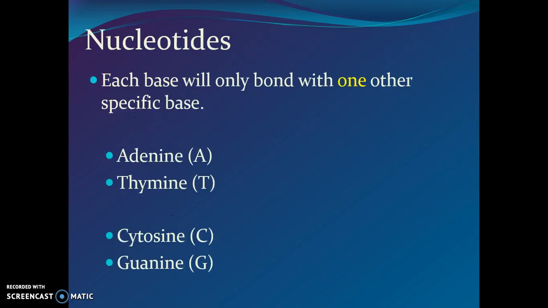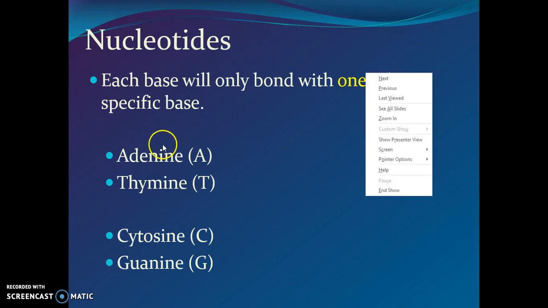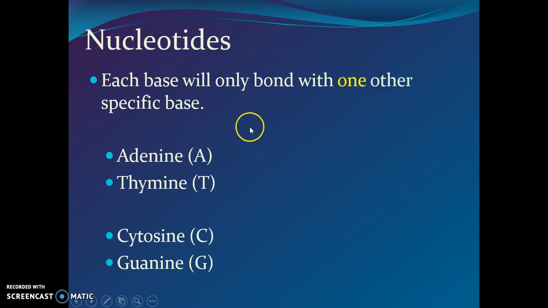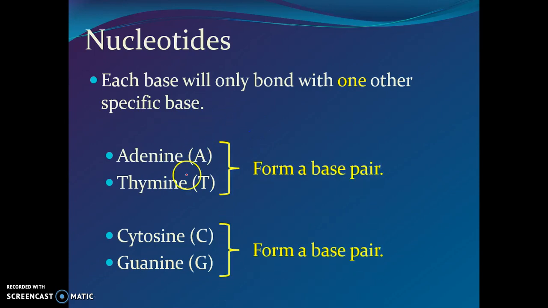But there is a rule that each base will only bond with one specific base. Adenine goes with thymine and cytosine pairs with guanine. So they form a base pair: adenine is always going to pair with thymine and cytosine is always going to pair with guanine when making the structure of DNA.